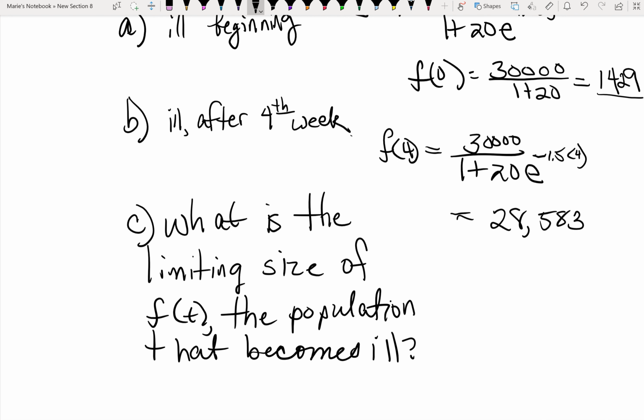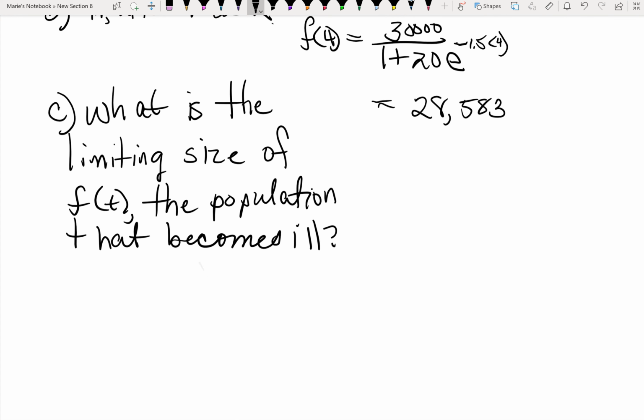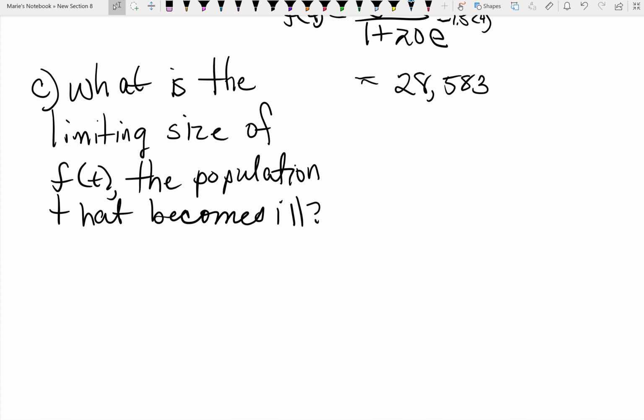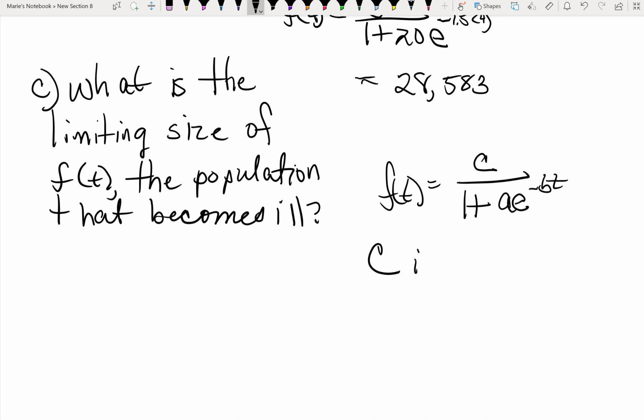Okay, so in part C, what you'd want to consider is our original equation. So in this case, f of t is equal to c over 1 plus a times e to the negative bt. The constant c is the limiting size.